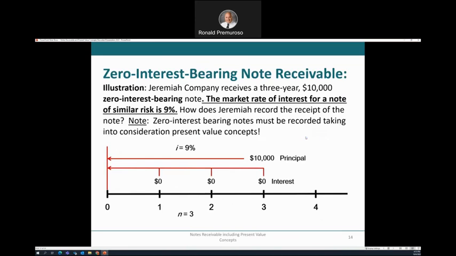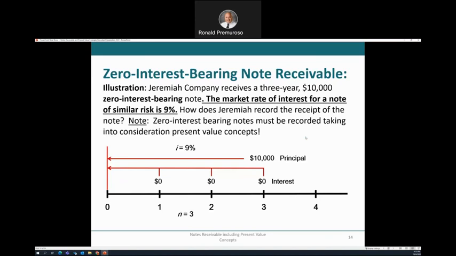So now with that as a background, let's move to the more complicated situation. And that's where you have a note that has no interest rate as a stated rate in the note agreement. So on slide 14, Jeremiah receives a 3-year $10,000 zero interest bearing note.